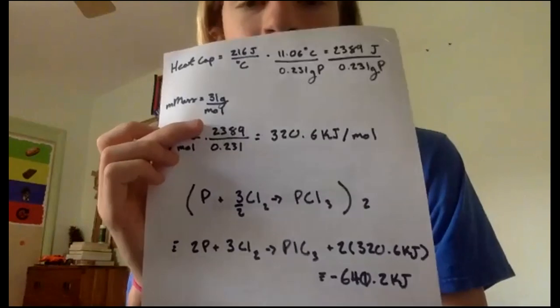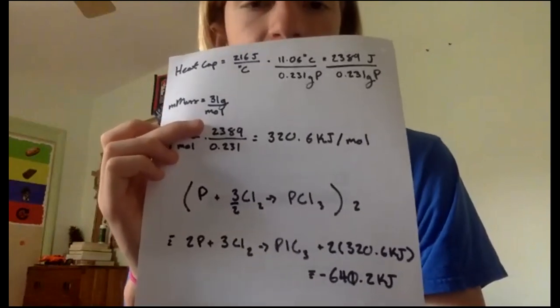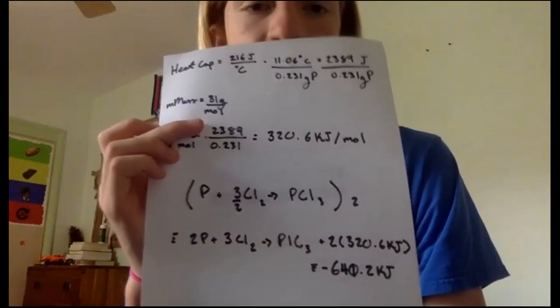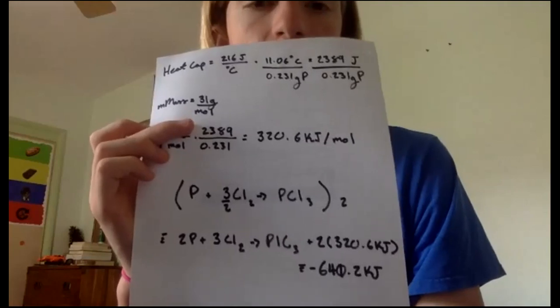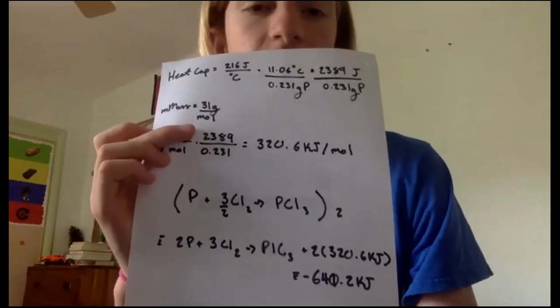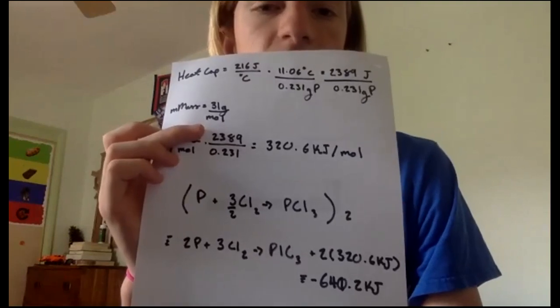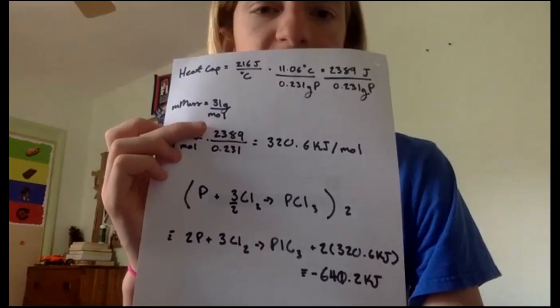Now you go back in and plug in the chemical reaction. 1 phosphorus atom plus 3 chlorine atoms makes 1 molecule of PCl3, except that chlorine doesn't exist on its own. You have to have Cl2, so you multiply everything by 2, which means you need to multiply the enthalpy change by 2.